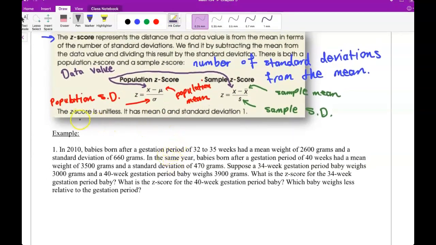The point is that the z-score is unitless, which means the mean is 0 and the standard deviation is equal to 1.